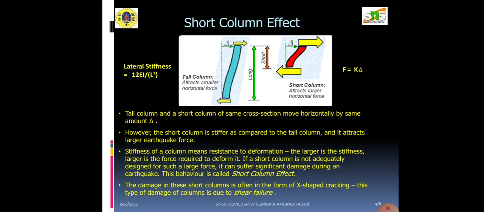Due to that, whenever a lateral force, horizontal force or earthquake load makes the column displace, the displacement of columns of the same cross section may be the same, but a long column has the capacity to sustain it. A short column attracts larger horizontal force, hence the deformation makes the short column fail.